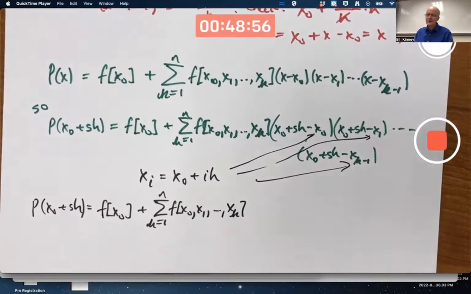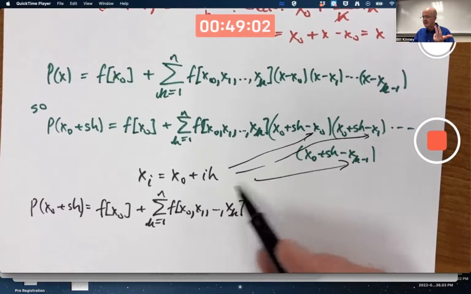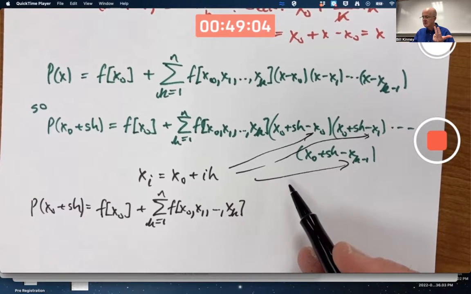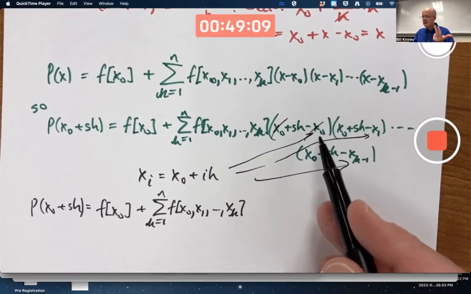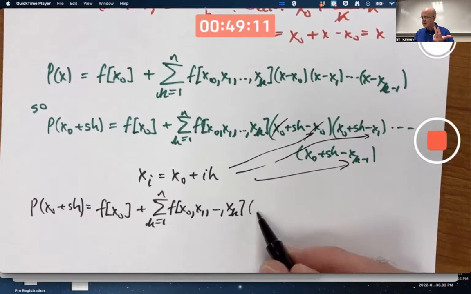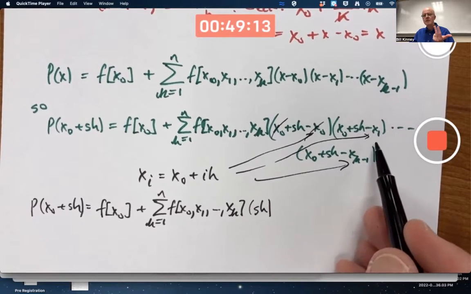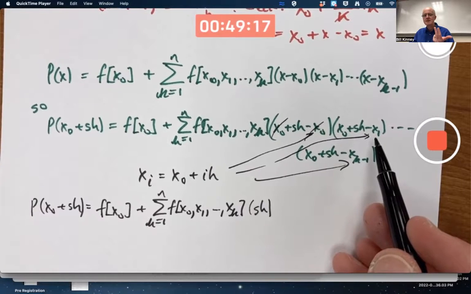We are going to get a bunch of cancellations of the x0s, won't we? In fact, in each one of those factors, the x0 ultimately is going to cancel. Here it cancels just by itself, so to speak, and you're left with s times h. With the next factor right there, when you replace x1 with x0 plus h, the x0s still cancel.